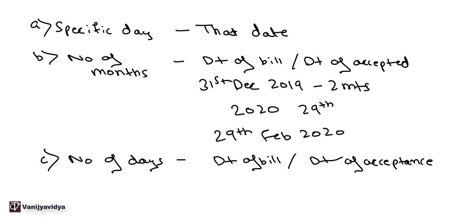We add those number of days to find out its due date. In this case we do not consider the date of bill in calculating the number of days. So the date of bill is excluded, and we take one additional day in calculating the number of days.